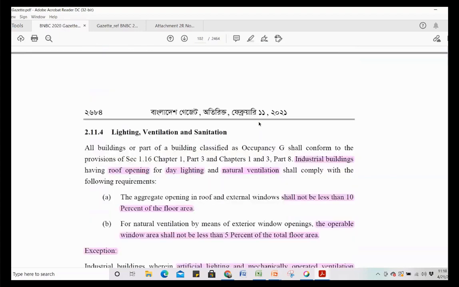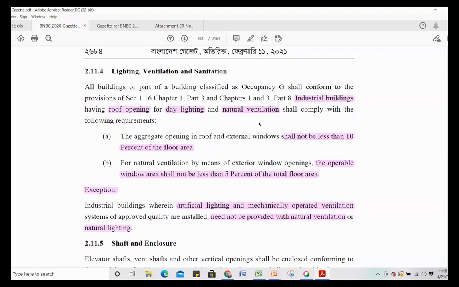And there are special provisions for lighting and ventilation situations. So for lighting and ventilation and sanitation, first it has to conform, like other occupancies, with the general guidelines set forth in part 3 and part 8 in different chapters. But industrial buildings, when they have a roof opening for daylight or for natural ventilation, shall comply with the following requirements.